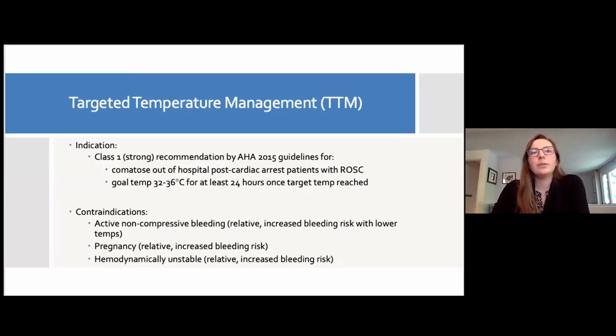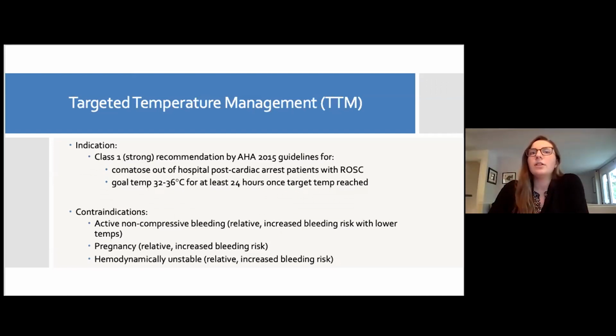So let's talk a little bit about targeted temperature management. There's a class 1 or strong recommendation by the AHA from the 2015 guidelines that suggest for comatose, out of hospital, post-cardiac arrest patients with ROSC, we should do targeted temperature management with a goal temperature of 32 to 36 degrees Celsius for at least 24 hours once the target temperature is reached.